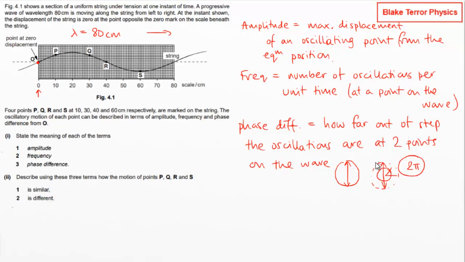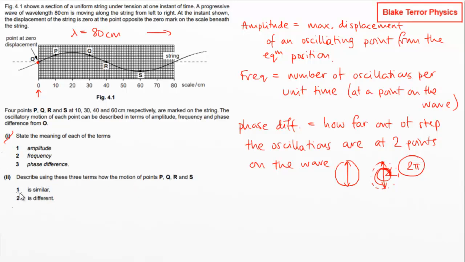So if we're talking about how far through an oscillation one point is compared to another point, we can say how much the angles are differing. If we're at the top on one of them, then we're at pi by 2. If we're then at the bottom, we're at 3 pi by 2, and they'd have a difference of pi in the phase. So that's what we're doing with phase. I've gone through that in more detail in another video, but just a quick reminder there.